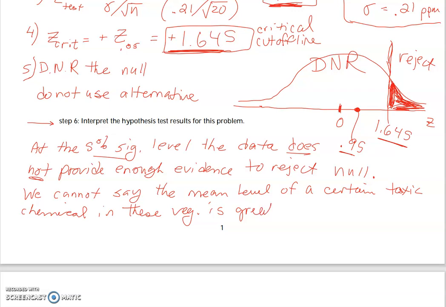We can't say that it's greater than. So we cannot say the mean level of the toxic chemical in these vegetables is greater than 0.4 parts per million. The important thing here is we can't say that they're significantly greater. It's just a minor random variation. So that's problem number 1.